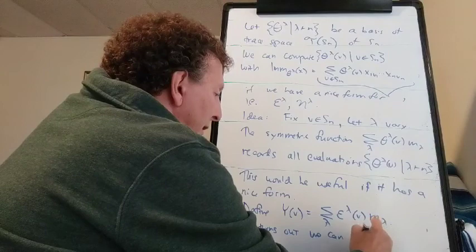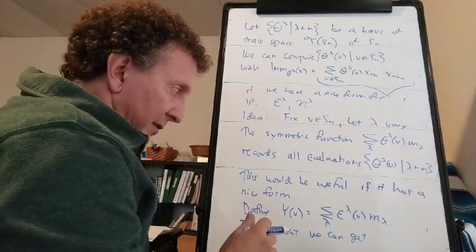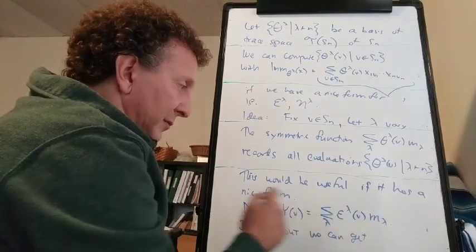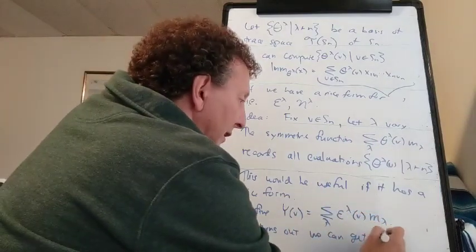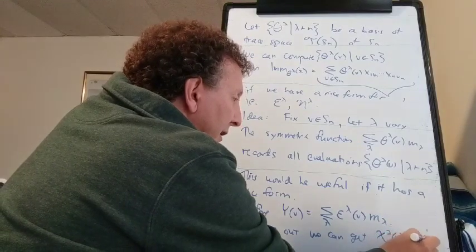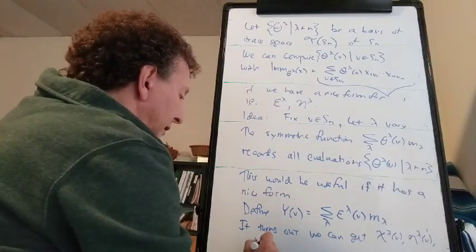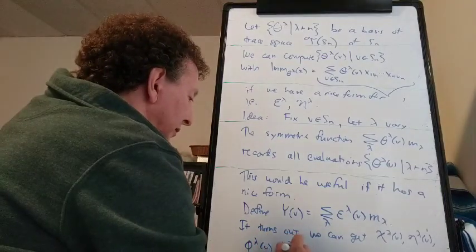And it turns out that we can get all of the trace evaluations that we care about from this symmetric function. So we can get chi lambda of v, eta lambda of v, even phi lambda of v and gamma lambda of v, etc.